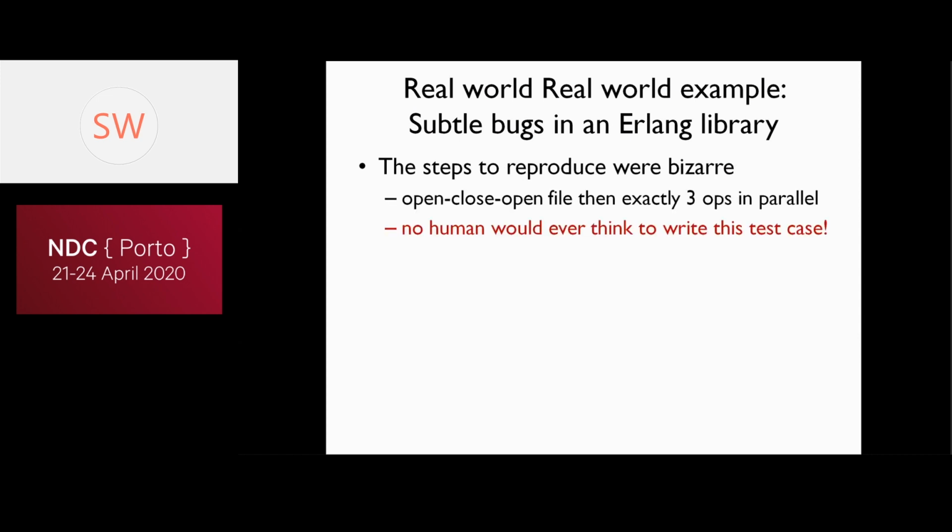No human would ever think of writing a test for this. Very, very bizarre. Why would you open and close and reopen straight away? So this was the test case. QuickCheck found this issue pretty fast, and the shrinker is a really important part of this, because you could probably find a test case where you do 20 different things in random order.